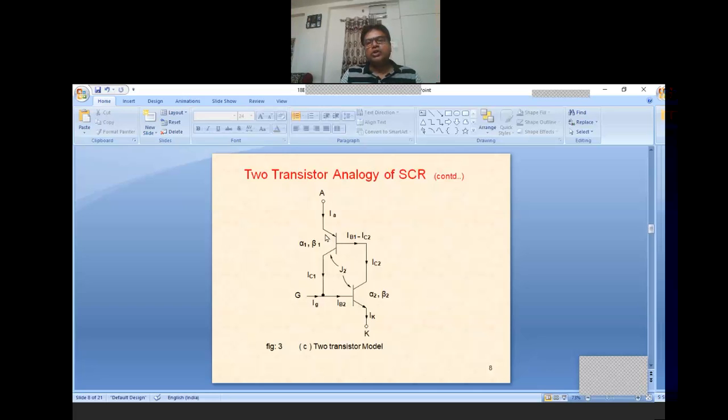An arrow into the base from the emitter terminal is the symbol for PNP, whereas an arrow coming out of the base into the emitter terminal is an NPN transistor.